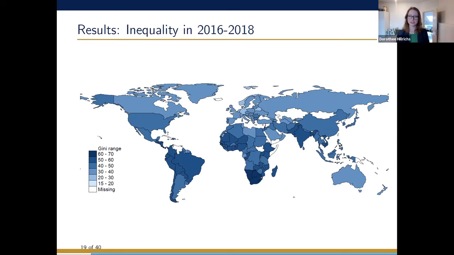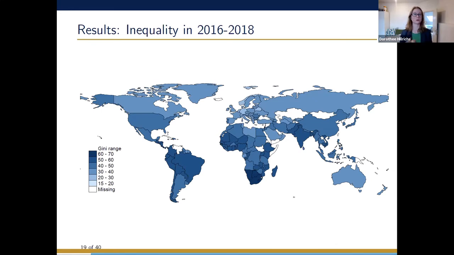But in the methodology, the way our baseline methodology works is that we really treat all the countries in exactly the same way, which is kind of the point, to increase the reliability and the comparability of our estimates.